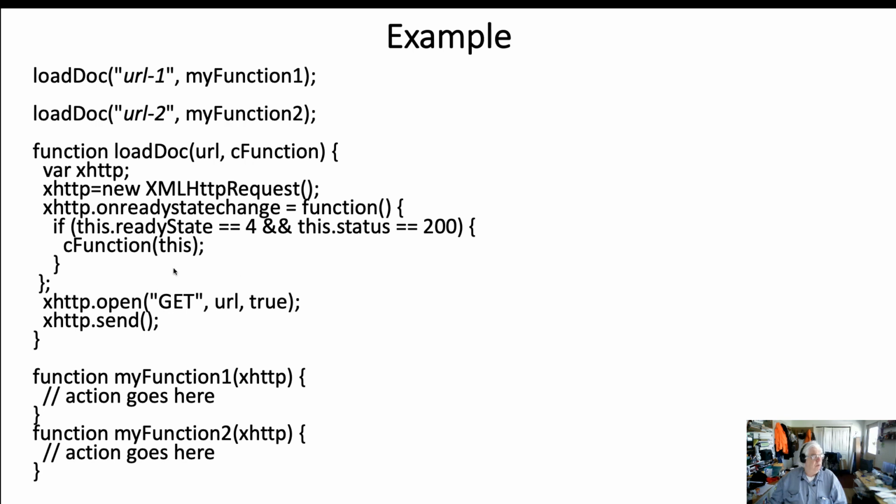So this load doc will support that because we were passing in the function we wanted. And down here we have the 2 functions. So if it calls myFunction1, it's coming to this. But if it went to the other URL, it would call that.